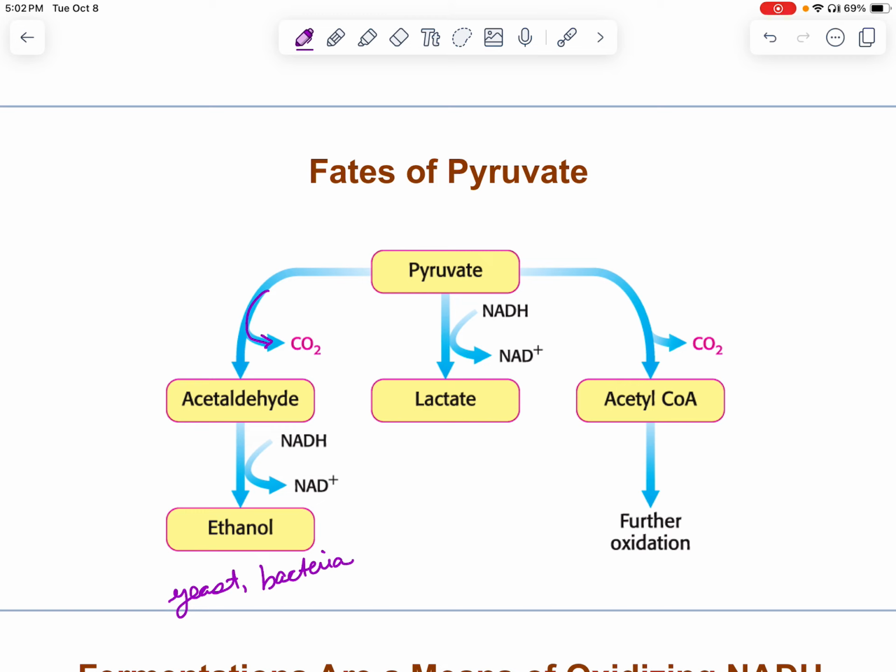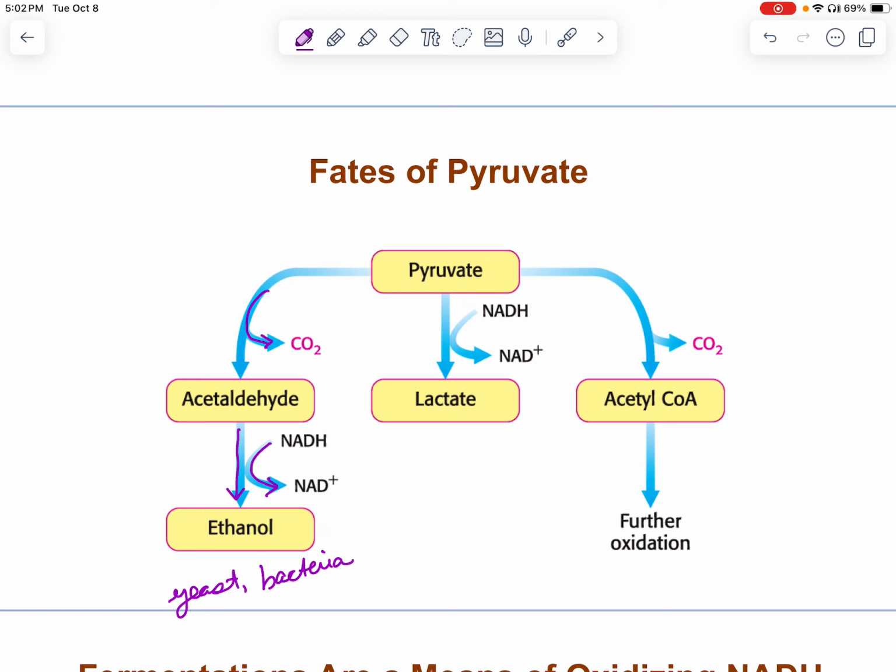And then think about this step, NADH going to NAD+. You have to think, is that being reduced or oxidized? That is being oxidized. So the other reaction must be reduced, and we get ethanol.